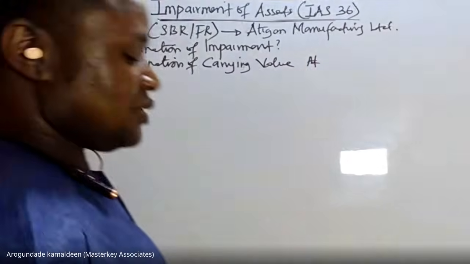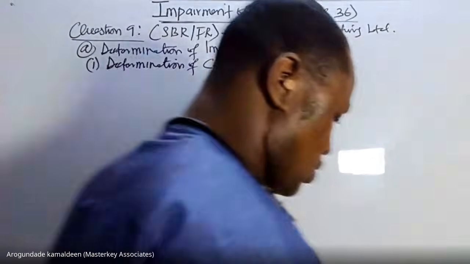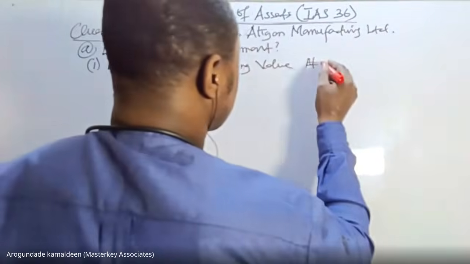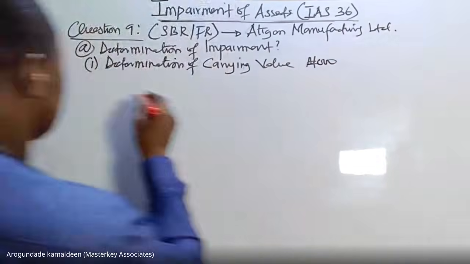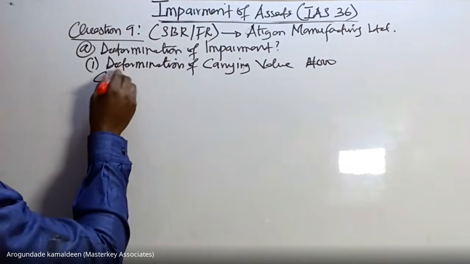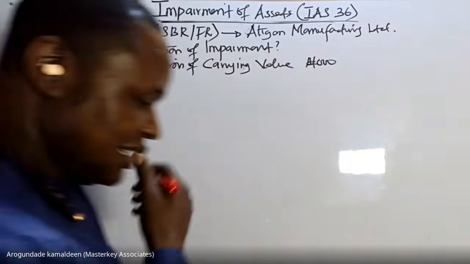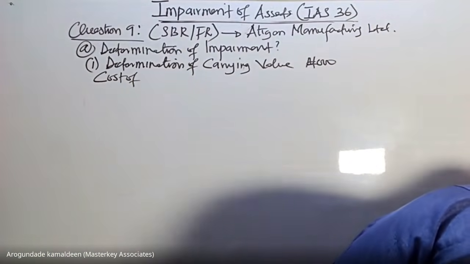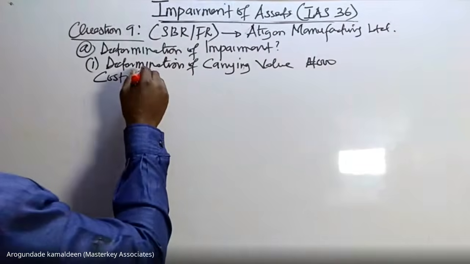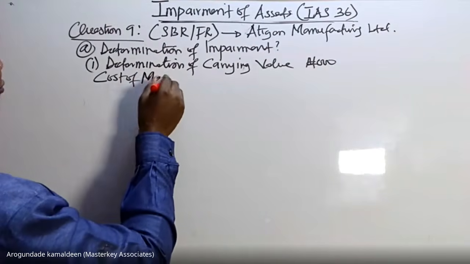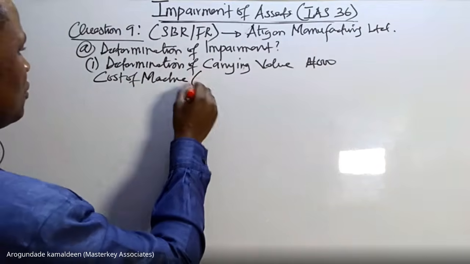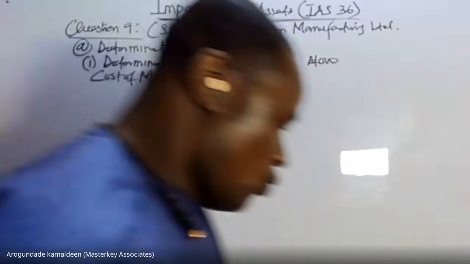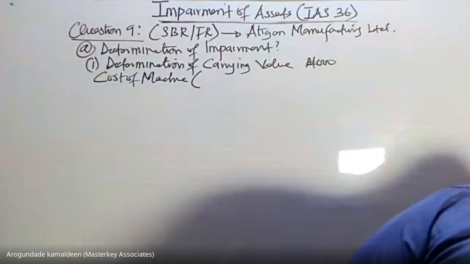Class, what is carrying value? The cost. The cost of the machine. When was it bought?